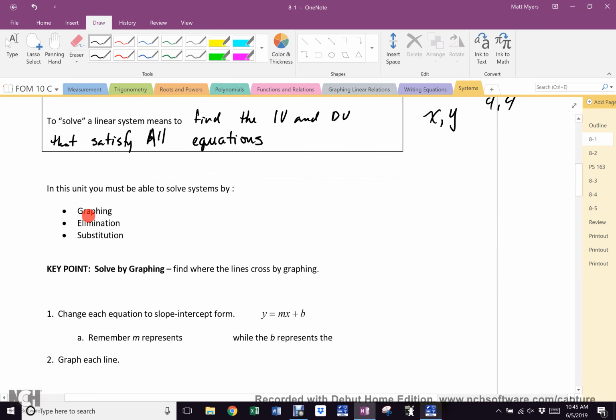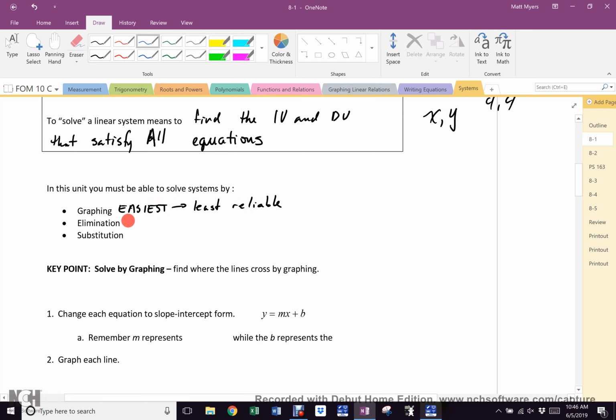Okay. There are 3 ways to solve these bad boys. Graphing is the easiest. But it's also the least reliable. What makes graphing a bad way to give me the exact X and Y? Because you can't always tell where the dots are, right? So graphing's the easiest.